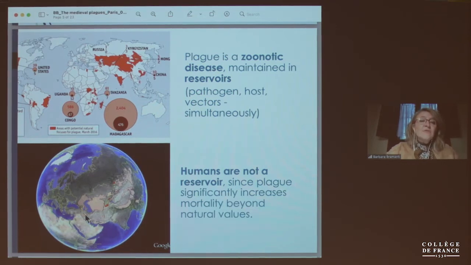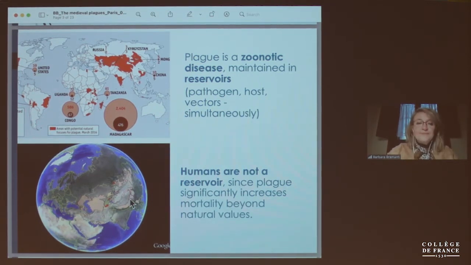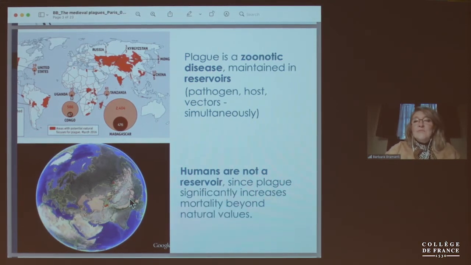And you can also see that the ecological condition, and you can understand that also the climate condition of Europe is almost different from the desertic belt in Africa and Asia. So let's consider that, yes, I'm not surprised that at least nowadays there are no reservoirs of plague in Europe.